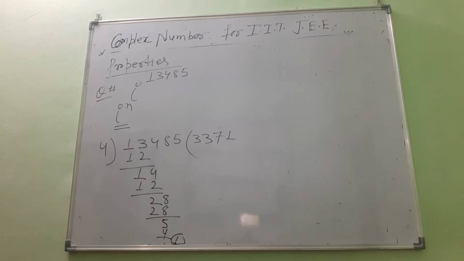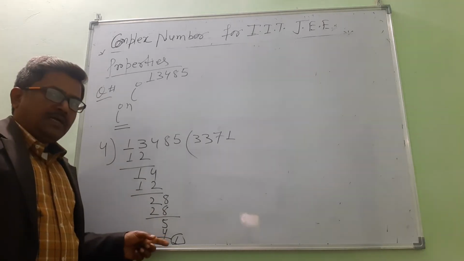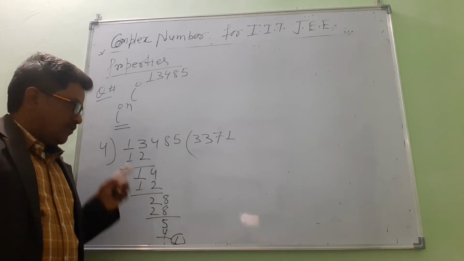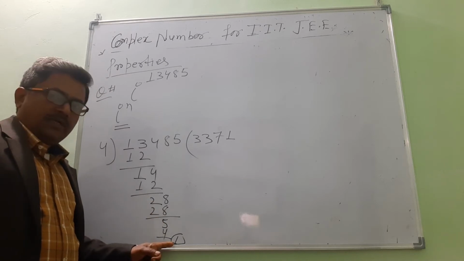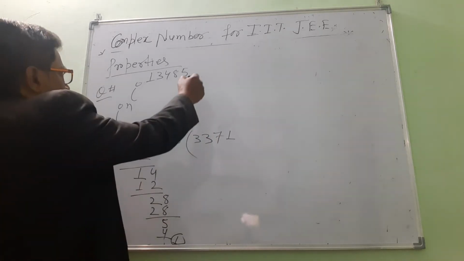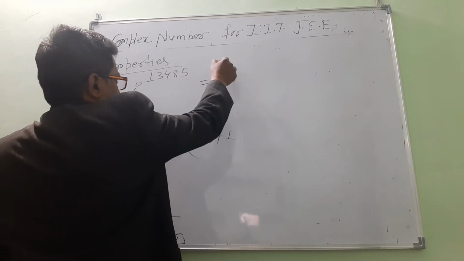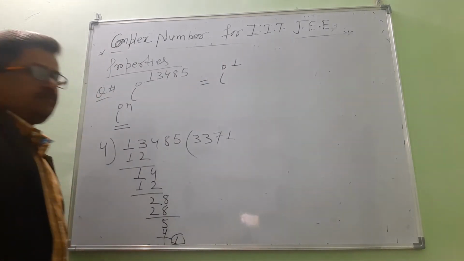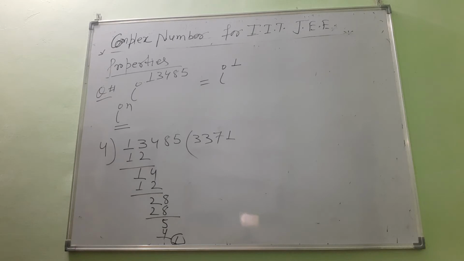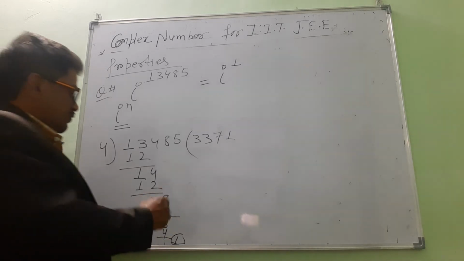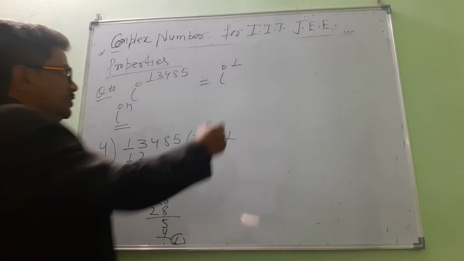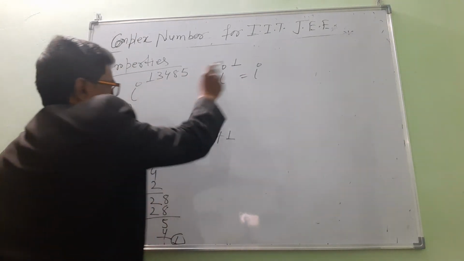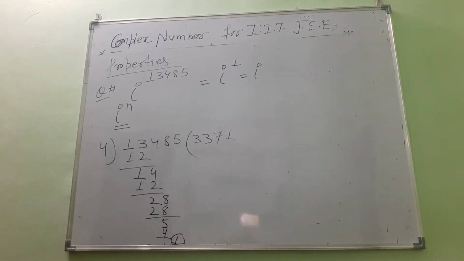So divide by 4, and whatever you get as the remainder in the last, raise iota to the power of this remainder. So 1 we will raise in the power of iota. So iota is the answer. Iota will be the value of this one.